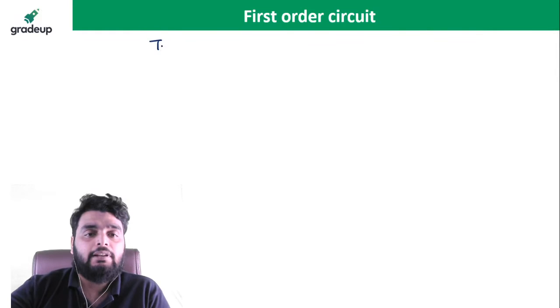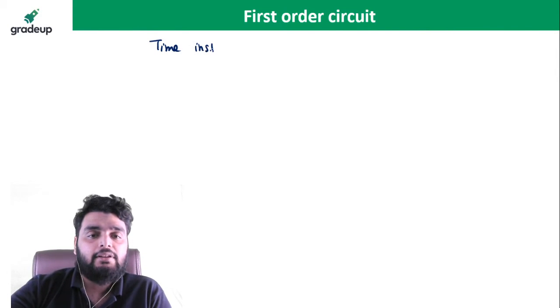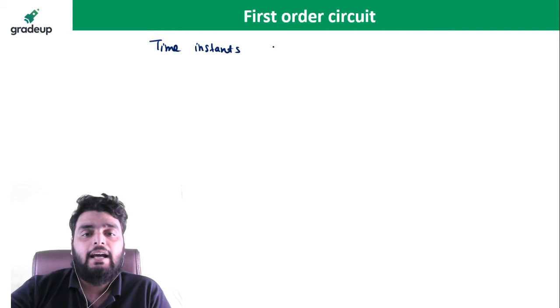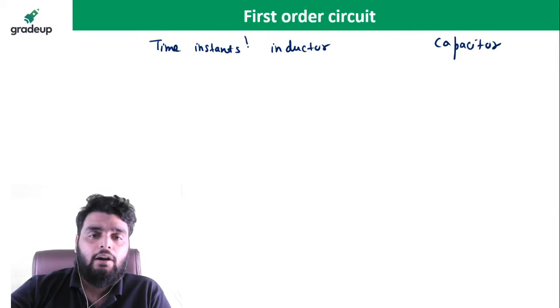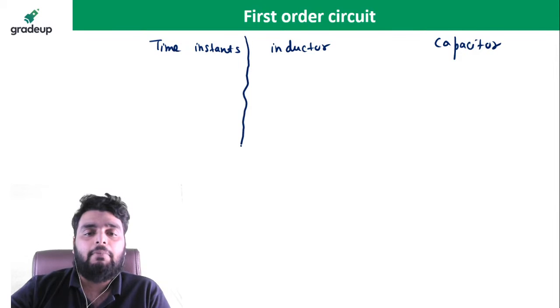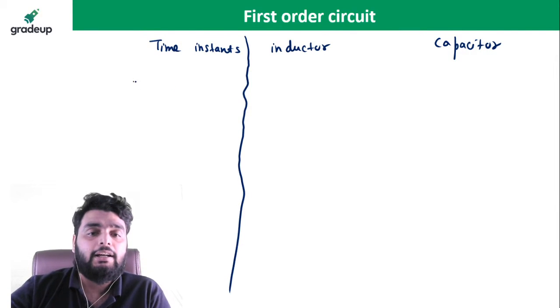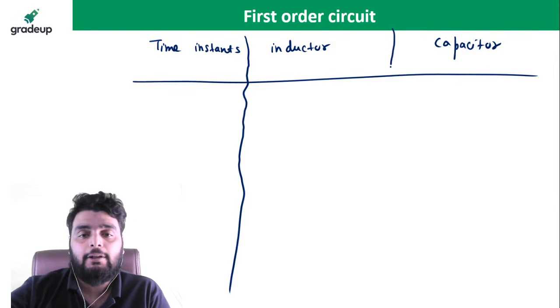Here I am giving you a time instance, and here I will discuss an inductor and here the capacitor. Now beta, the first thing you need to remember is the property of an inductor and the property of a capacitor.